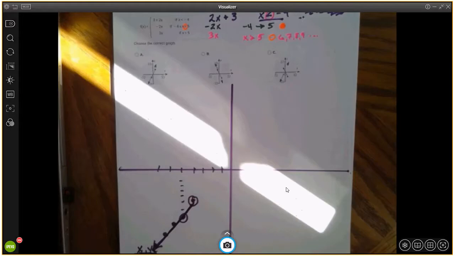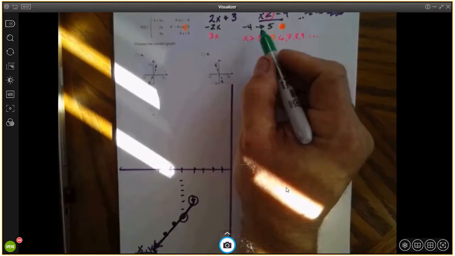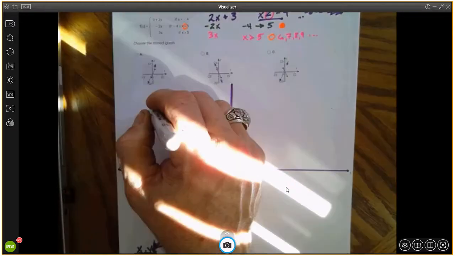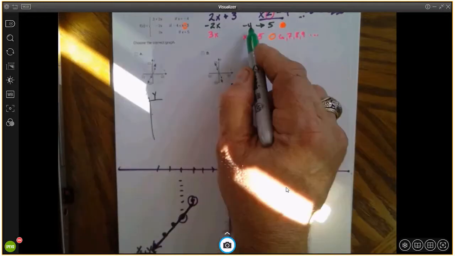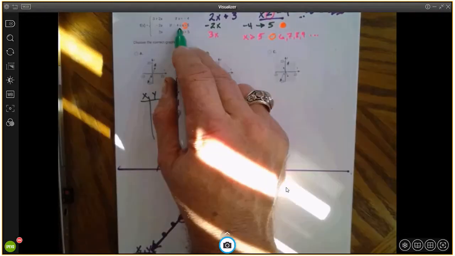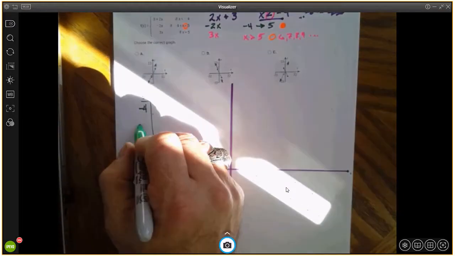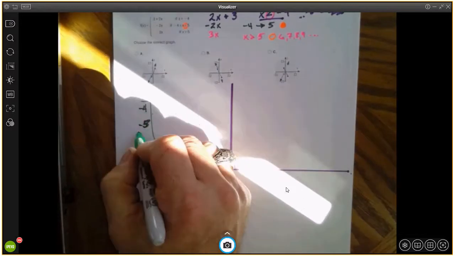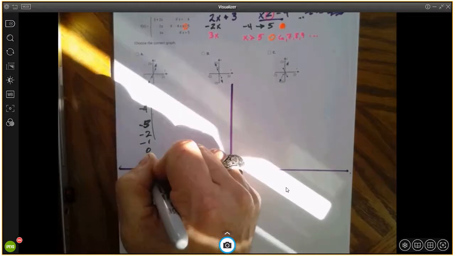I just saw that. Now, from -4, I'm going to do -2x. So I've got to plot that. So I'm going to go up here and draw an x and a y. And I can only use -4, and I can use, so a -4 and -5. Oh, -4, -3, -2, -1, 0, 5.